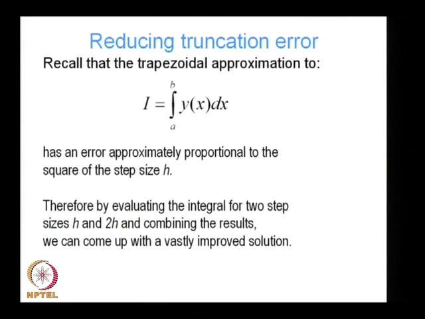Let us recall that the trapezoidal approximation to I, which is the integral of y of x within the bounds a to b, has an error approximately proportional to the square of the step size h. Therefore, by evaluating the integral for two step sizes h and 2h and combining the results, we can come up with a vastly improved solution, as we will see in the next slide.